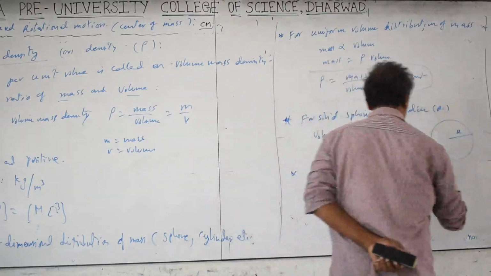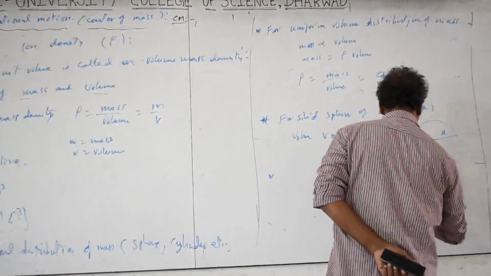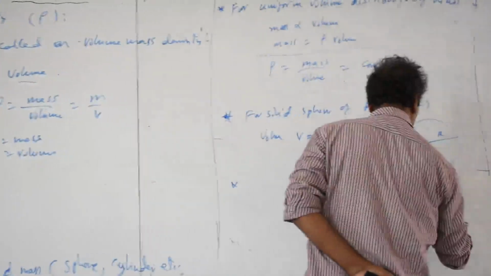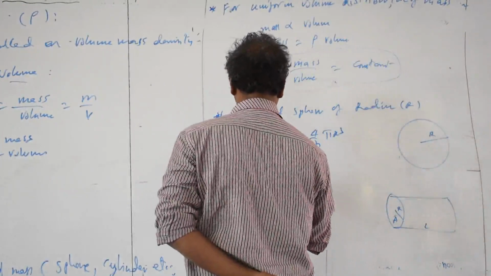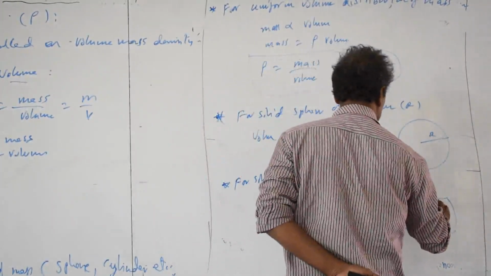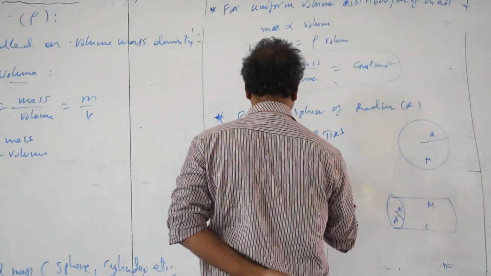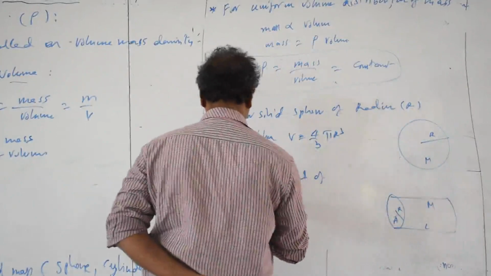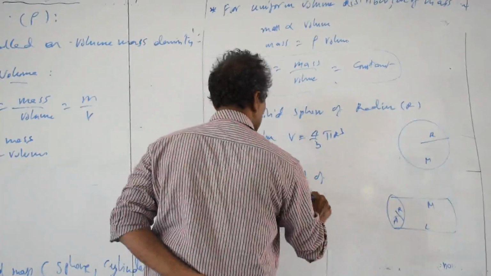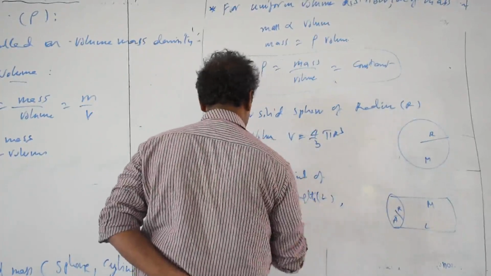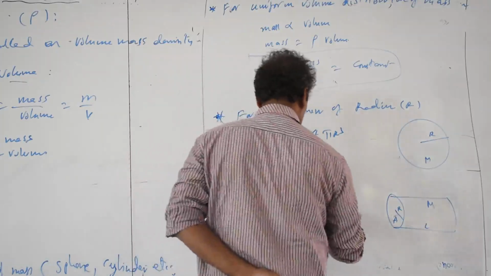For the cylinder, if you have taken a solid cylinder, area is A, radius is r, length is L. For solid cylinder of mass m, radius r or length L, volume V equal to area into length.